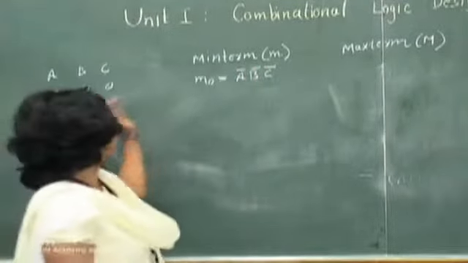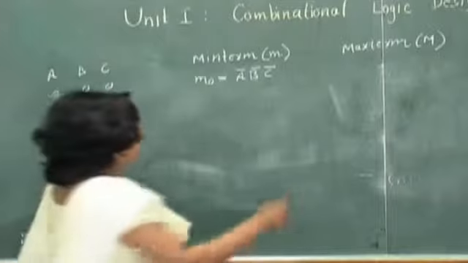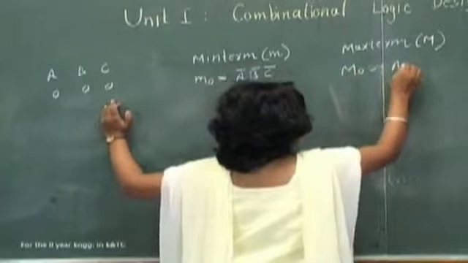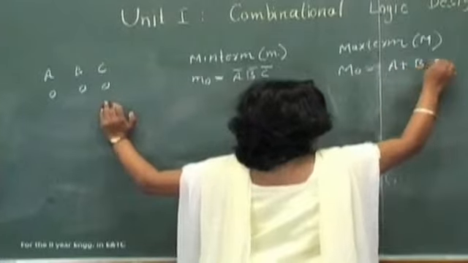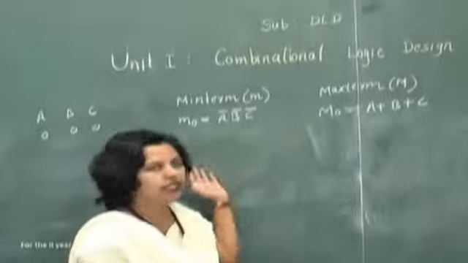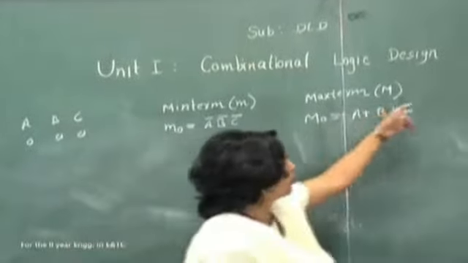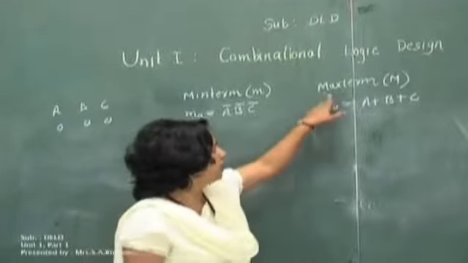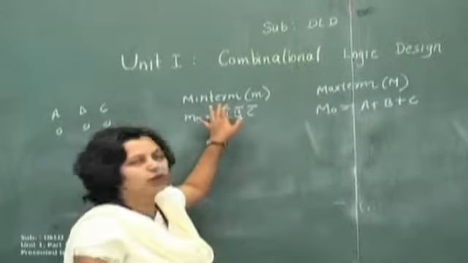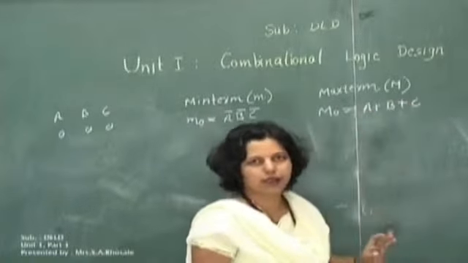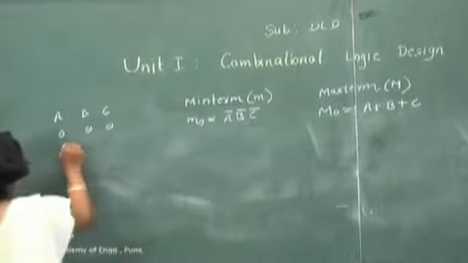And max term for 0, 0, 0 is represented as capital M0 is equal to A plus B plus C. See, for this we are going to use De Morgan's law. The bar is not written here because by default we are assuming the max term is always in the complement form of the min term. So that is why the bar or complement is not represented over here.